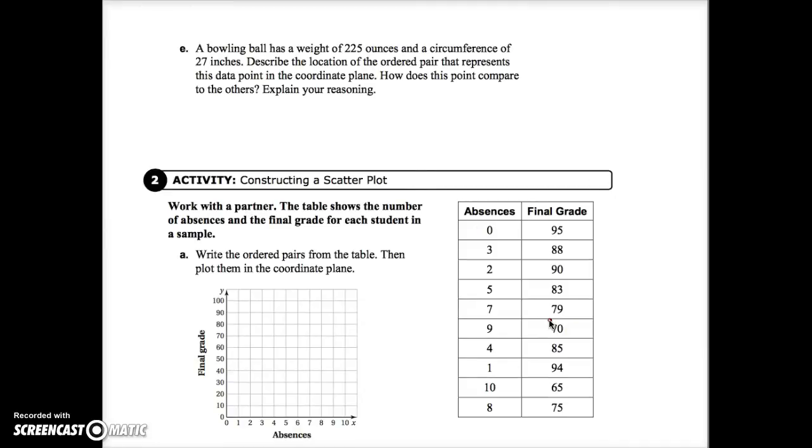Okay, how does it compare to others? So on E, here's what we're going to say. The bowling ball weighs a lot more but it's close to the same size.